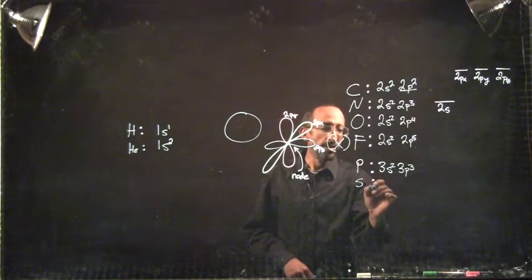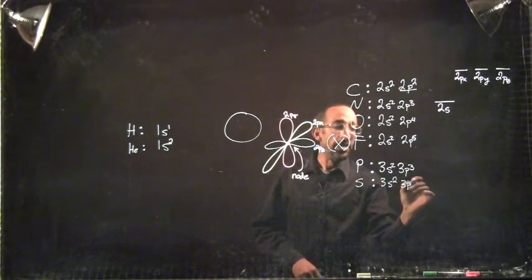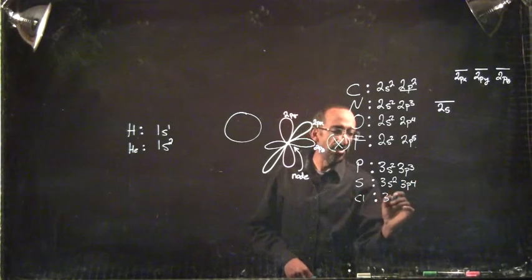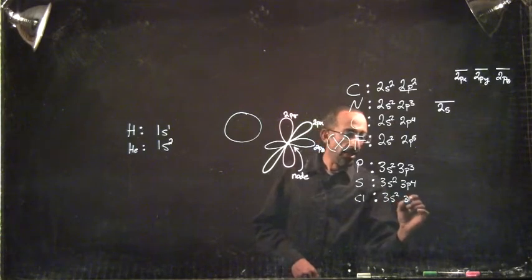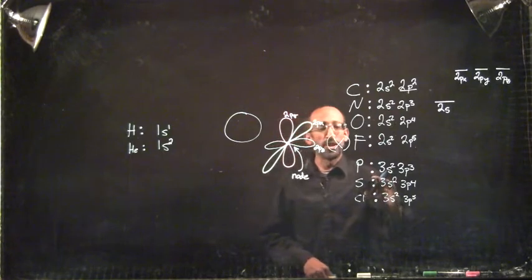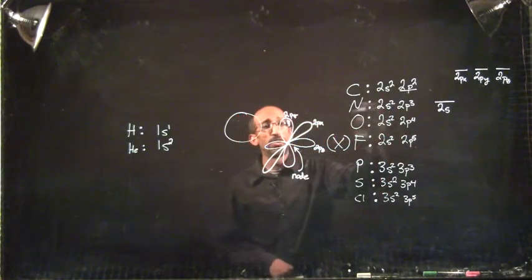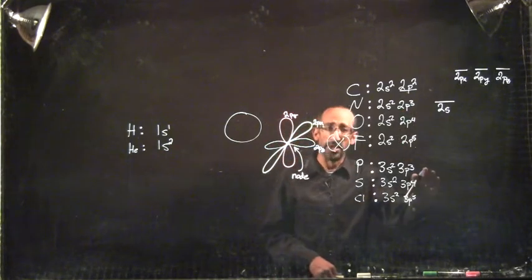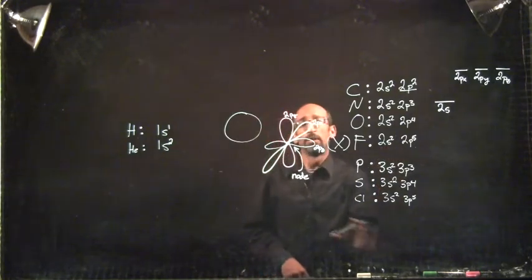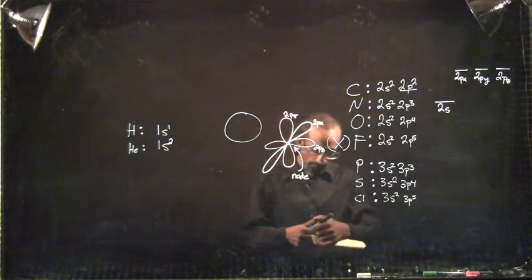Sulfur, 3s2, 3p4. And then chlorine would be 3s2, 3p5. Again, the only difference between phosphorus, sulfur, chlorine, and nitrogen, oxygen, fluorine is that our valence shell is no longer 2, our valence shell is now 3. 3s orbitals are still spherical, and 3p orbitals are still dumbbells or bow ties, as we see here.